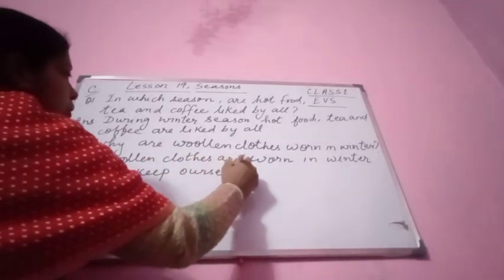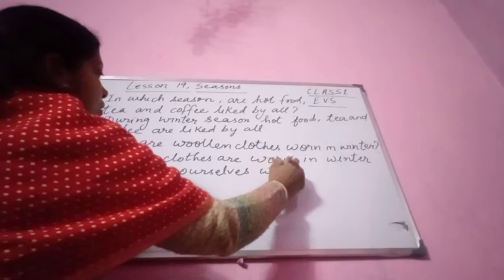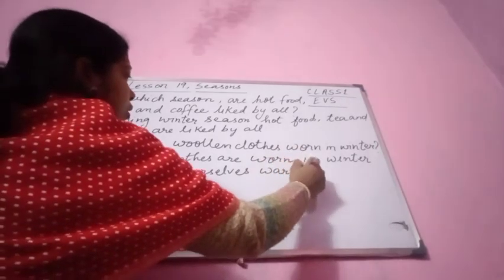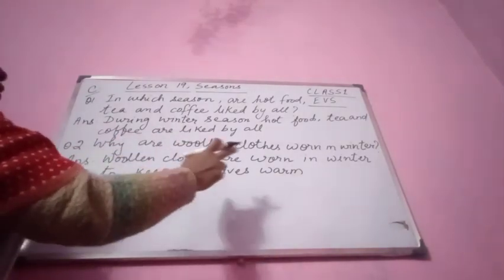You can write down to keep our body warm also. That also you can write. We wear sweater to keep our body warm, isn't it? Why do we wear woolen clothes? Please see, why are woolen clothes worn in winter? Woolen clothes are worn in winter to keep ourselves warm.